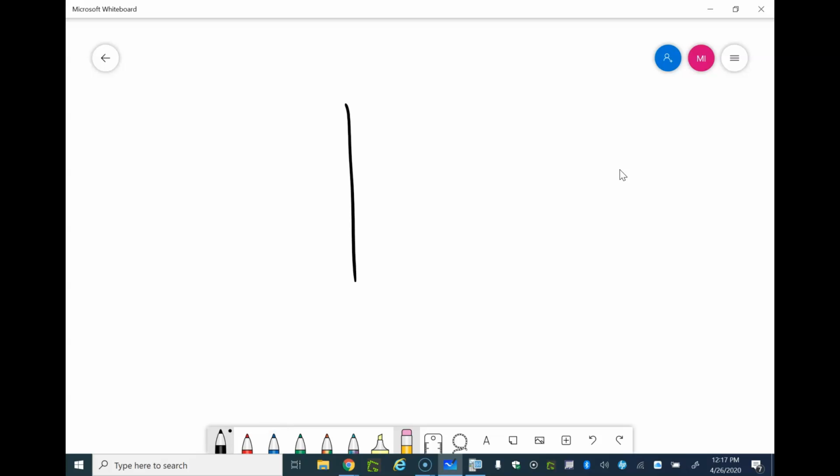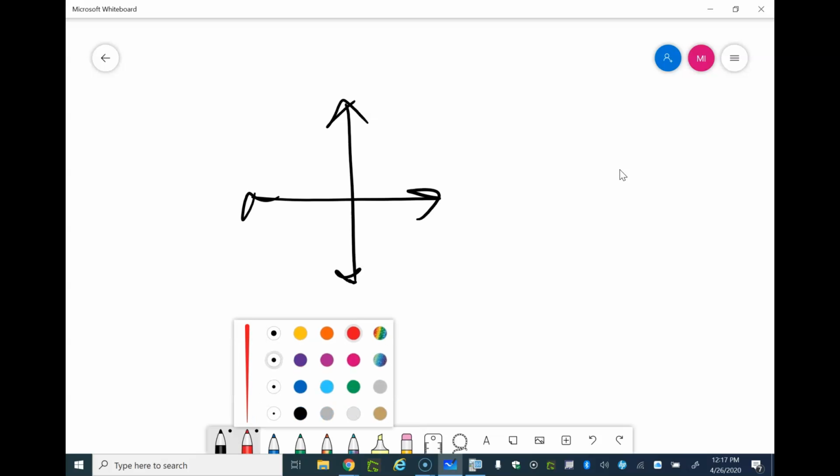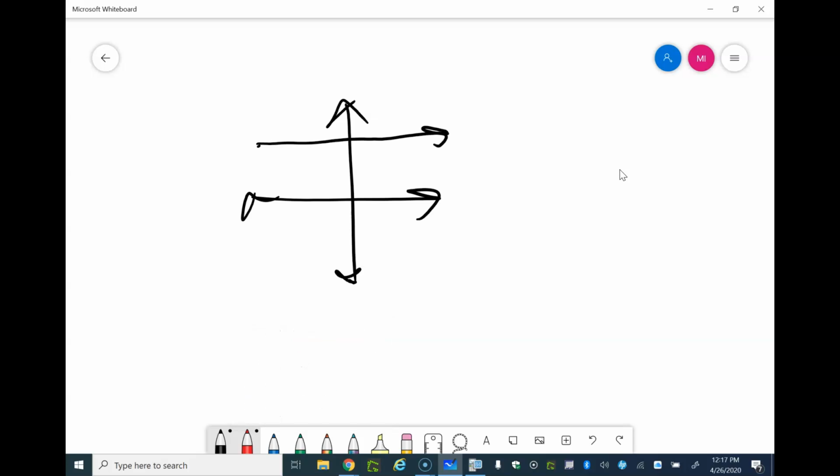So let's draw x and y again. Remember, for a line to be perpendicular, it has to form a complete 90-degree angle when it meets. So it has to be running in this direction to be perpendicular to the y-axis.